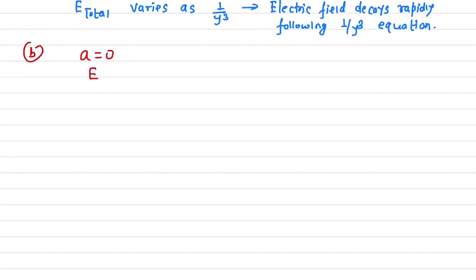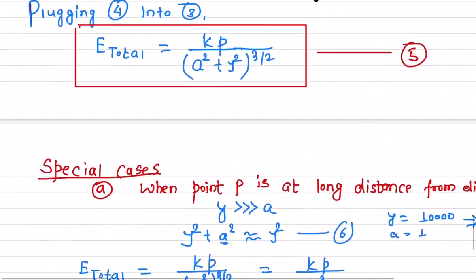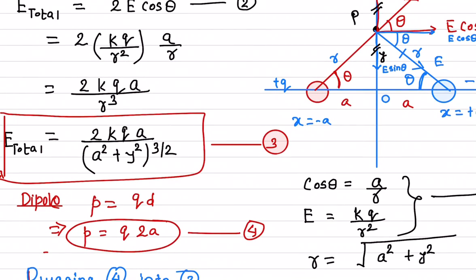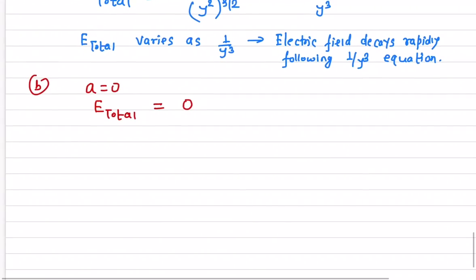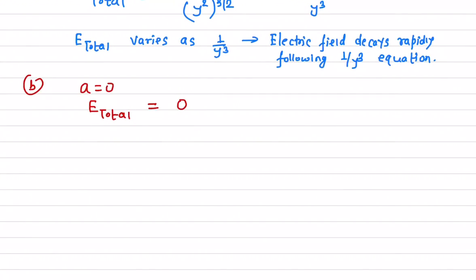So in this case, E total is equal to 0, which makes sense because a equal to 0 means both charges overlap each other, one positive and one negative. That means there is no charge at all, and that's the reason we get the total electric field as 0.